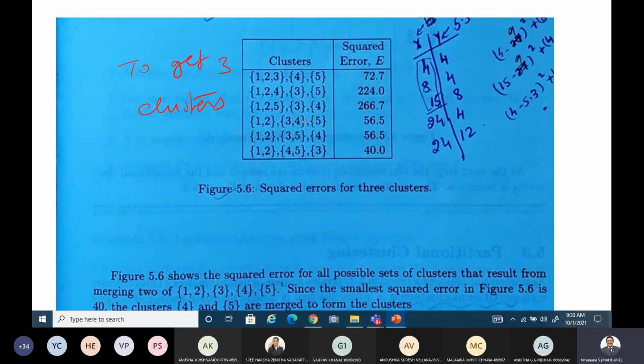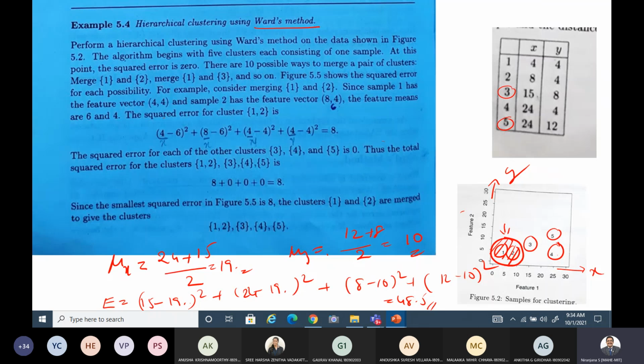What is square error? Now let us consider this problem here. Or even you can take the first one. Just to verify, are you getting this 72.7? You take 1, 2, 3 and then go ahead. Now the mean is calculated using all these 3.